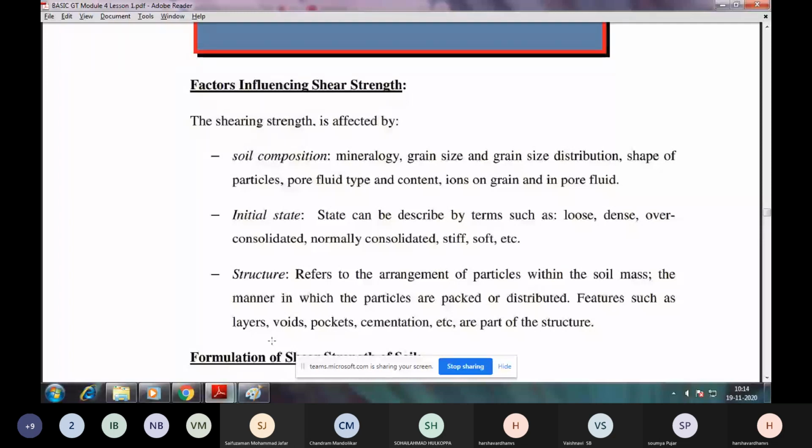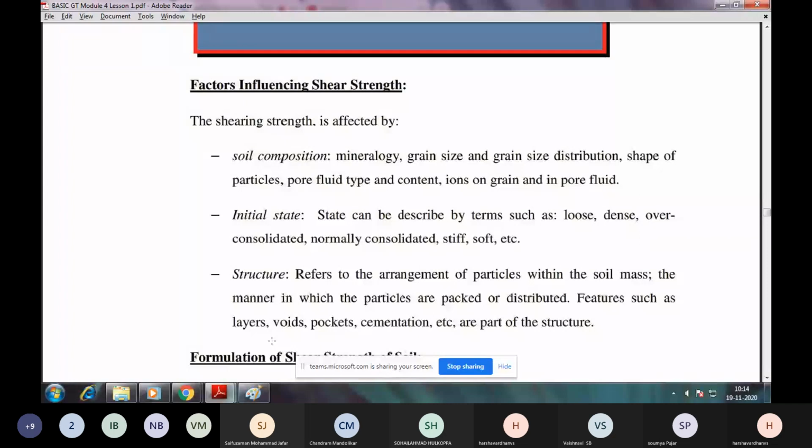So what is the grain size of the soil and what is the grain size distribution of the soil mass? What is the shape of the particles? What type of pore fluid is present, and what is its extent of content? So when I say soil composition, all these things come into the picture.